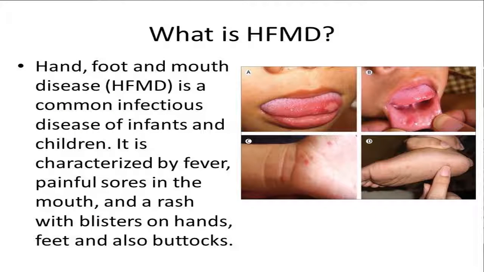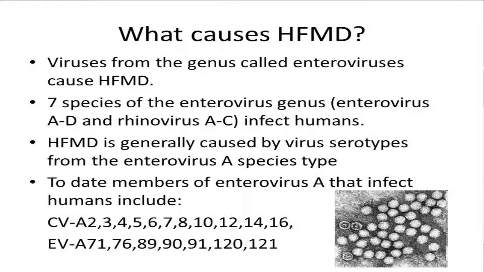A little bit more about what is HFMD. I think Prof. Sam already showed a bit about it. Just for some general knowledge of what causes HFMD, they are all caused by viruses from the Enterovirus genus. Currently, there are 7 species of Enterovirus genus that cause HFMD.